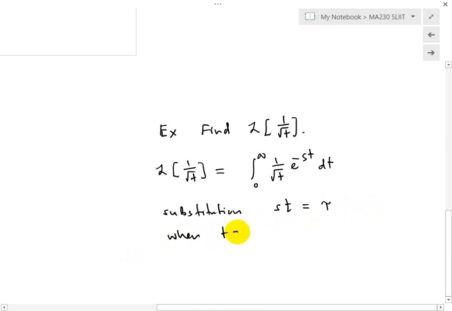So when your lower limit t is 0, tau is 0. Upper limit: when t approaches infinity, where does tau approach? Tau is s times t. Now remember we said s is a real number. So when t goes to infinity, st goes to where?